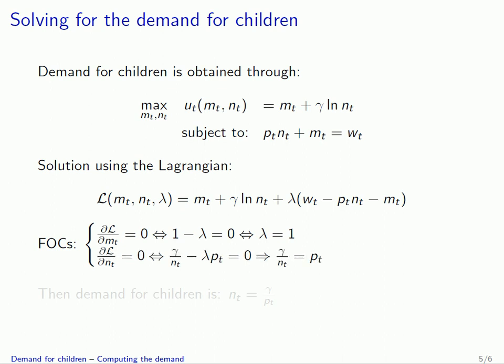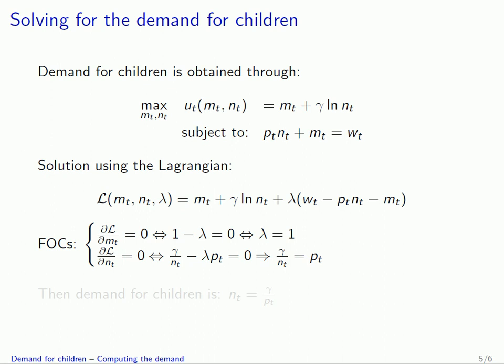Then the second first order condition with respect to NT, dL over dNT is equal to 0, is equivalent to gamma over NT minus lambda times PT, the price of food, is equal to 0, which in turn is equivalent to gamma over NT equals lambda PT, but we know that lambda is equal to 1, so we obtain gamma over NT is equal to PT.